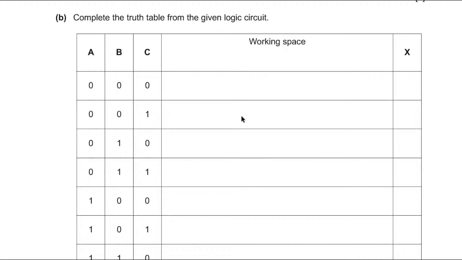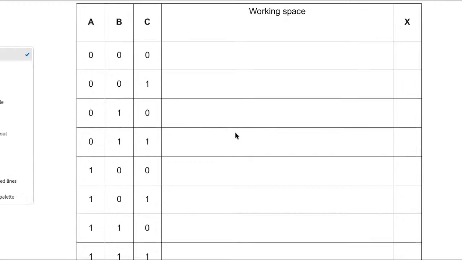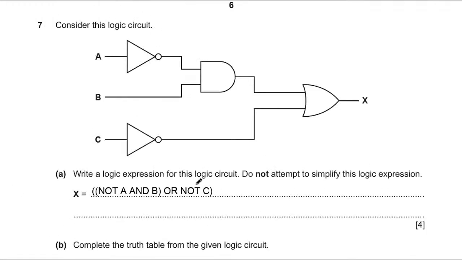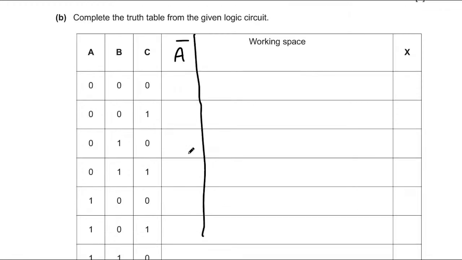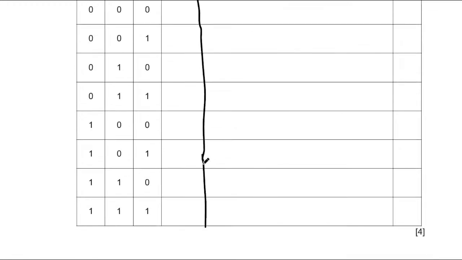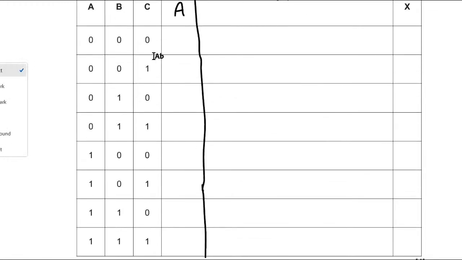Complete the truth table from the given logic circuit. Alright, so first of all, I'm going to need an A bar. A bar means the opposite of A, so 1.